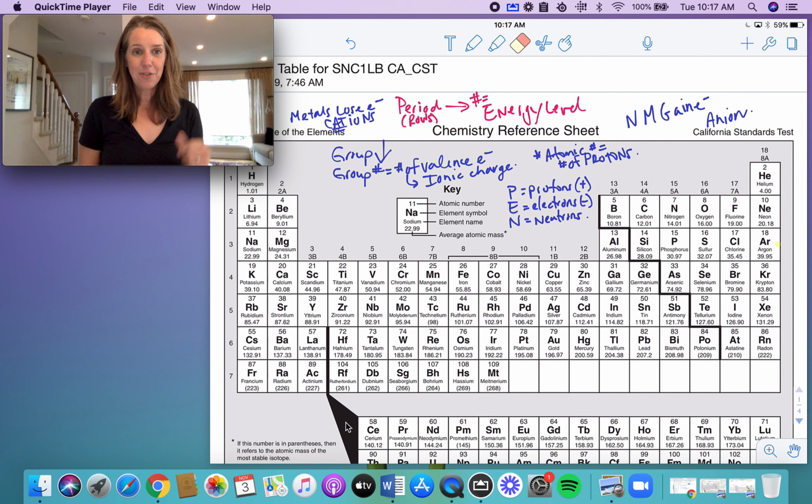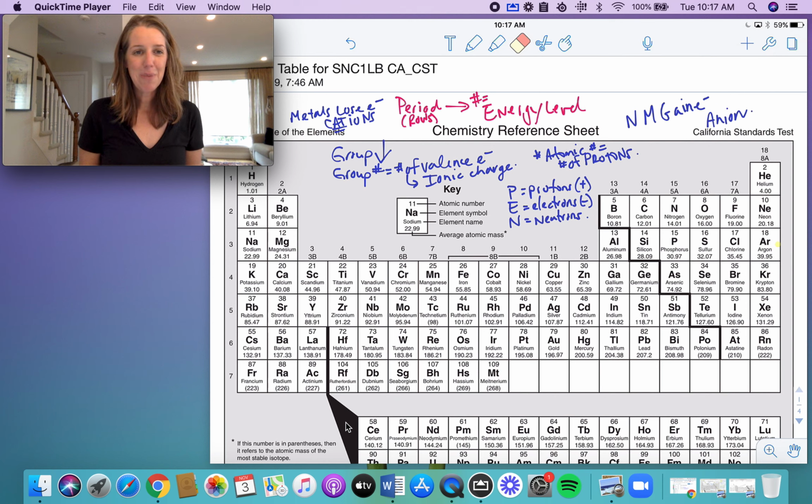Some of this stuff will be easy to go over, and some of it will require a little bit of thinking. You've got to go back to what you learned in previous years and make sense of this information. This is honestly the basic information that everybody needs to remember. Okay, so here we go with the periodic table.